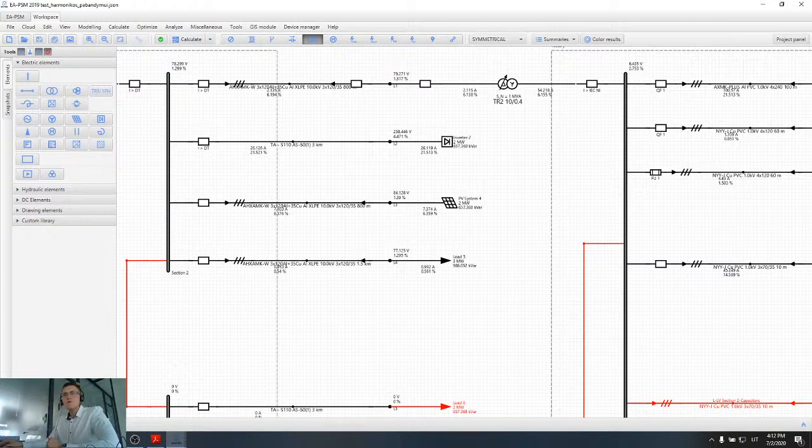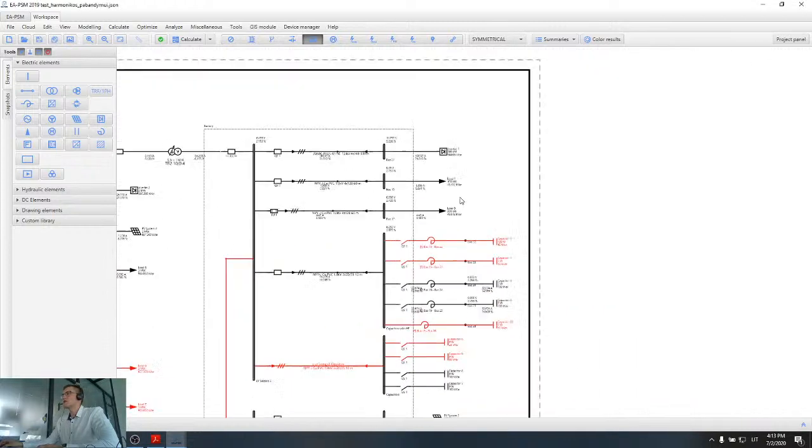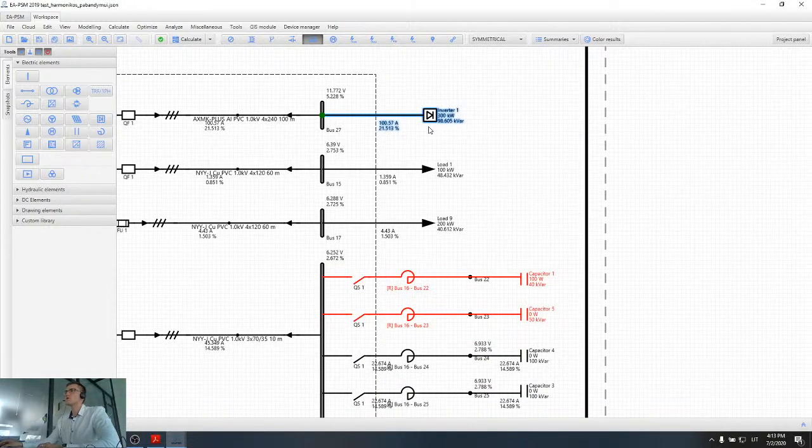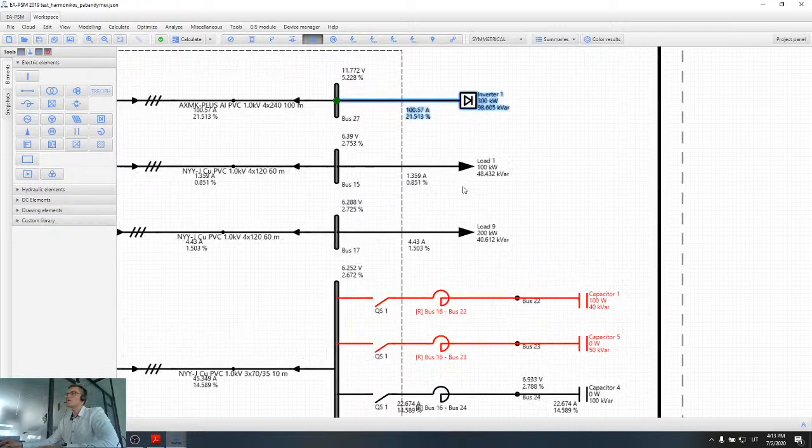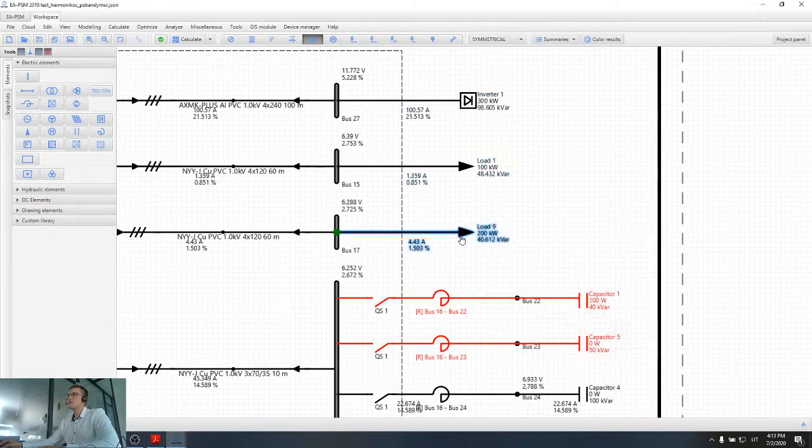One more question from Mr. Zhang. Can the harmonics showing an individual element be set with different harmonic orders in the software? Basically, you can set the harmonics only in those sources and loads that generate harmonics. You cannot set the harmonics in linear loads because linear loads do not generate them.